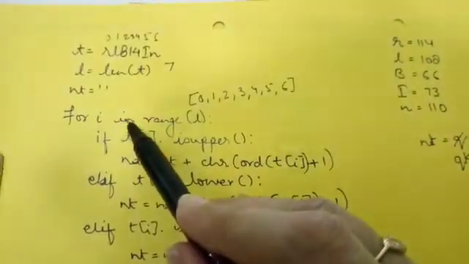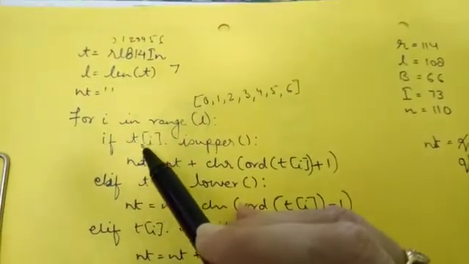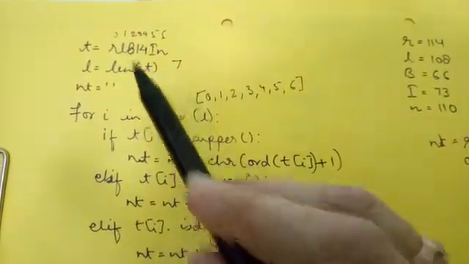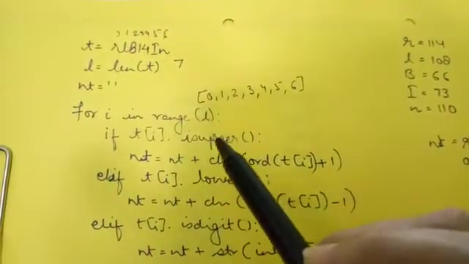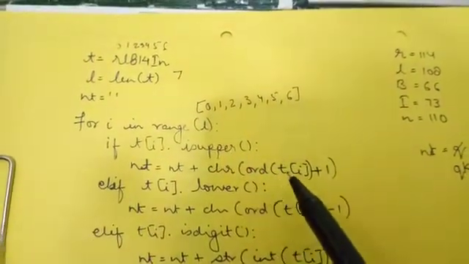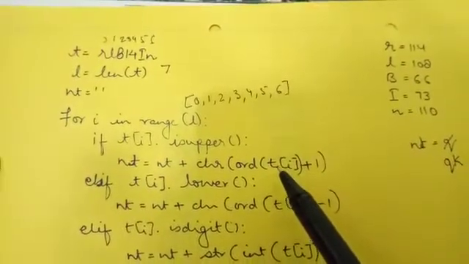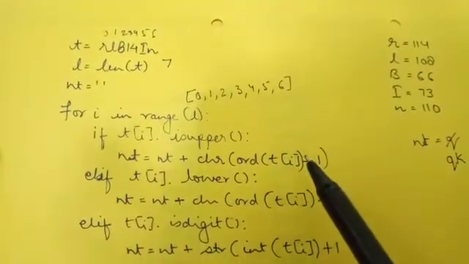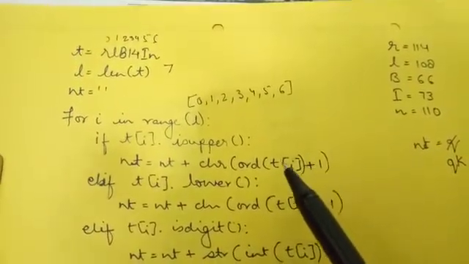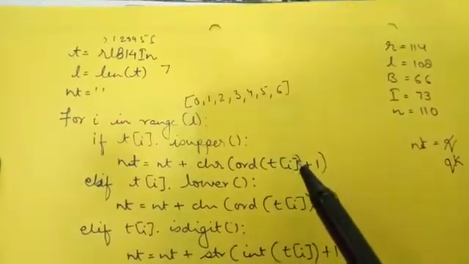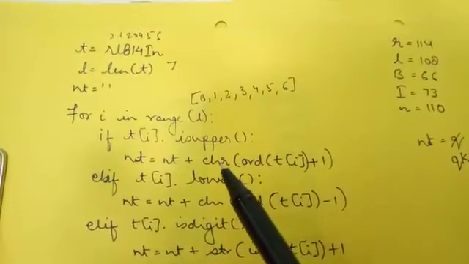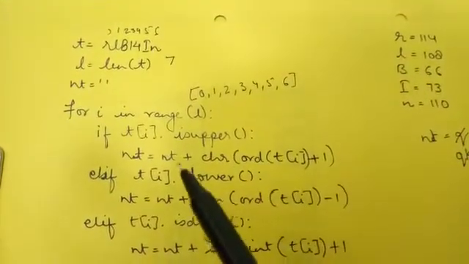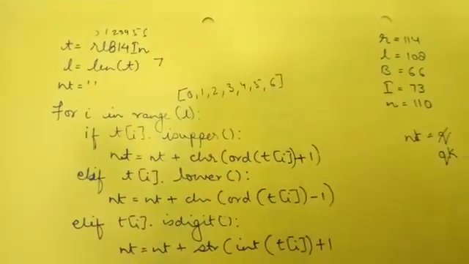Second value, again t second, which is capital B. If capital B dot is upper, now it is uppercase. Okay, then the ordinal number of capital B is 66. 66 plus 1, that means 67. We are going one ahead, 67 becomes whose code? Capital C. Okay, capital C plus nt, as nt is having what?